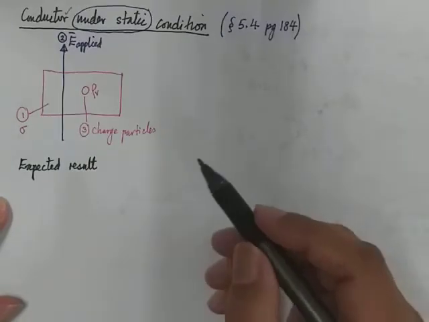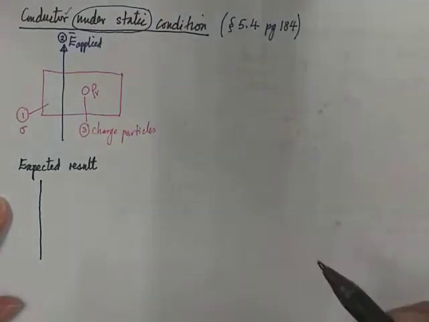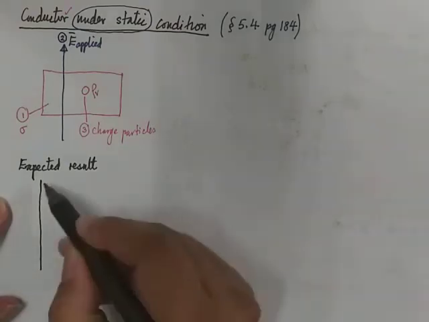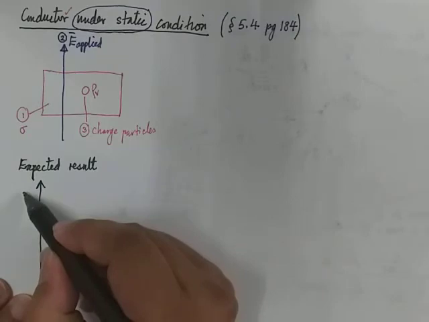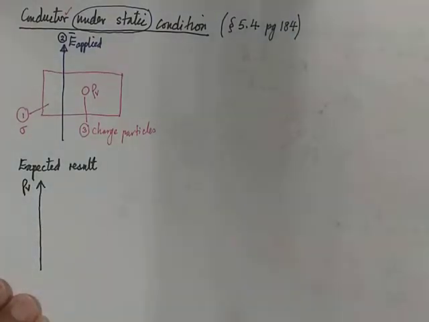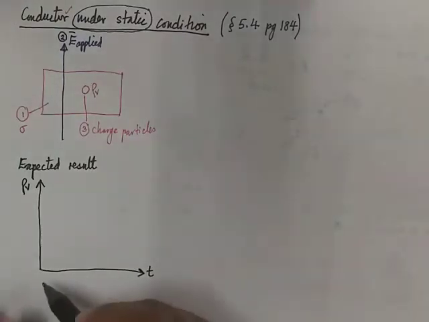Therefore, I'm going to draw a graph. Since we are investigating charge, the vertical axis represents my charge distribution, and the horizontal axis represents time. Let's say 0 here.